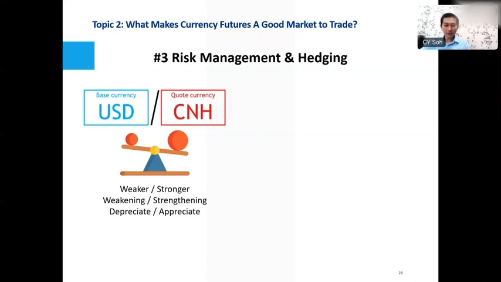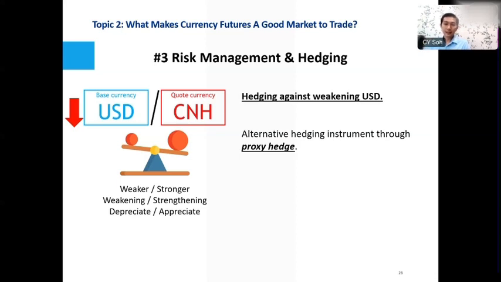So of course, even as retail traders, you are able to do risk management and hedging using this FCNH as well. So let's have a look at how you can do that. When we mention hedging, we can actually hedge against a weakening US dollar. So let's say when the US dollar comes down, it means that your ringgit would be stronger, right?